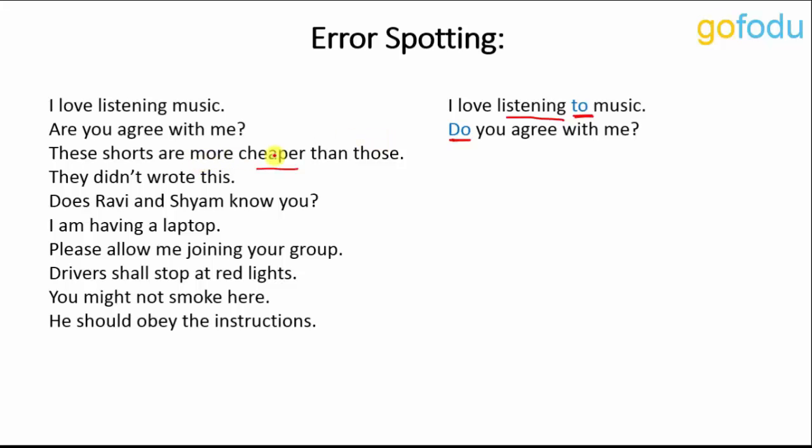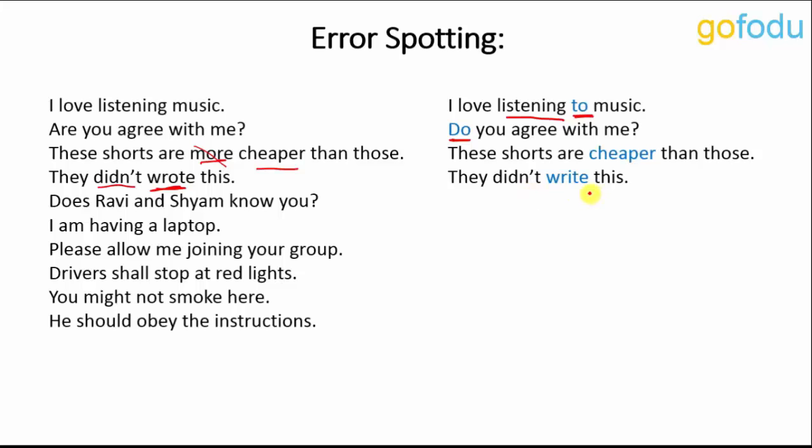So why use a double degree? More is not required. So it will be: these shots are cheaper than those. They didn't wrote this. Remember we discussed that with did or didn't, only the first form of the verb is used. Wrote is the second form. Write, wrote, written. So what should be used? They didn't write this.